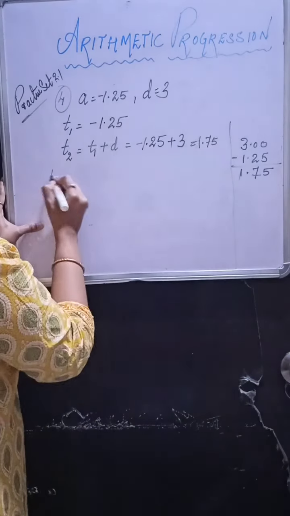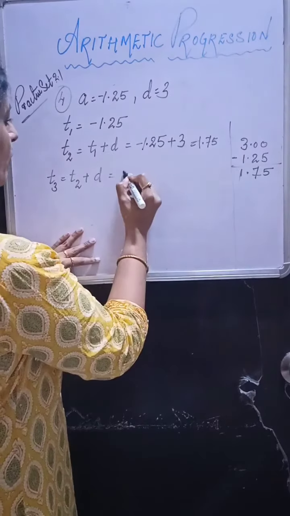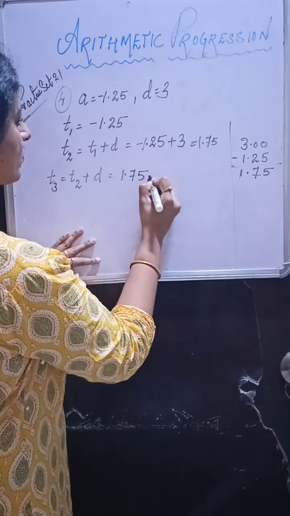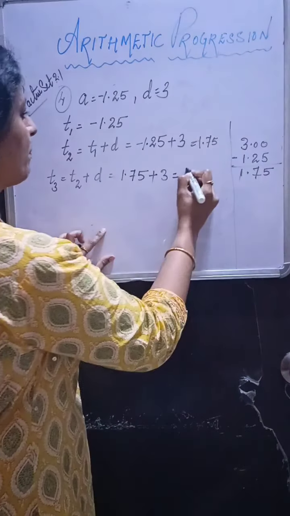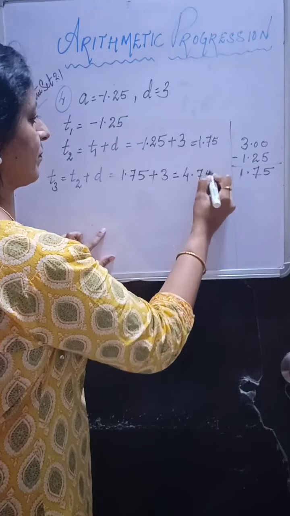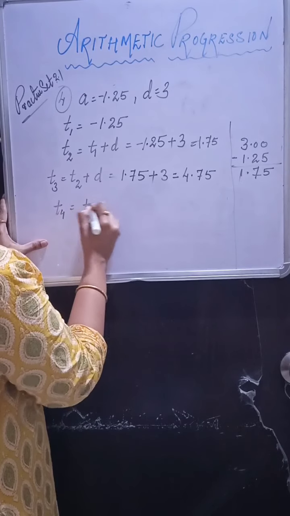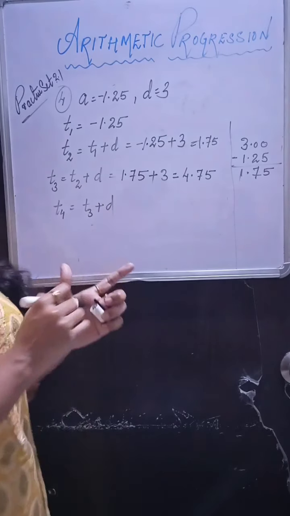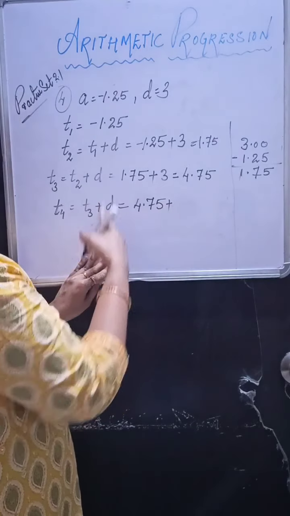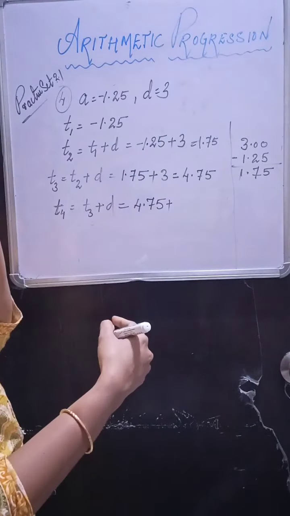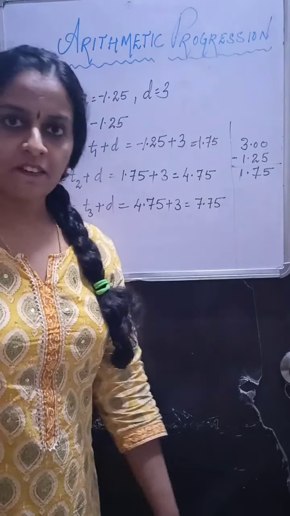So we got T2. T3 will be T2 plus common difference. So 1.75 plus common difference 3. This is easy. This will be 4.75. T4 will be T3 plus common difference, equal to T3 we got 4.75 plus D is 3, which is equal to 7.75.